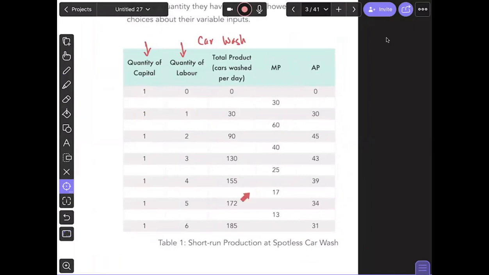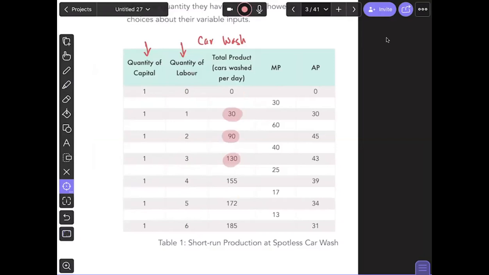I will see my output go up. The first worker, for example, brought the output to 30. When there were two workers involved, the output went to 90, and then 130, 155, 172, and so on and so forth, right? So as you kept on adding labor, the output was increasing.